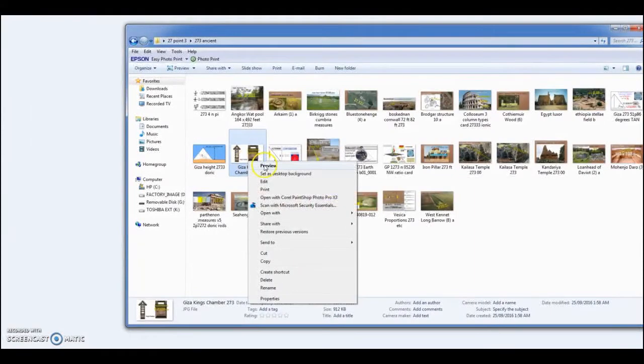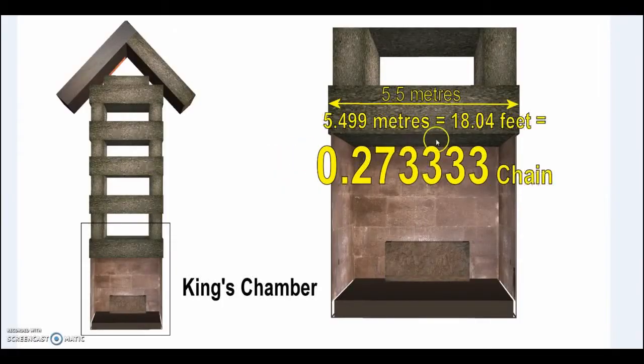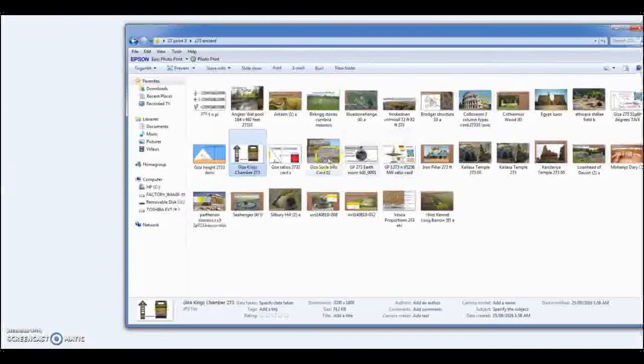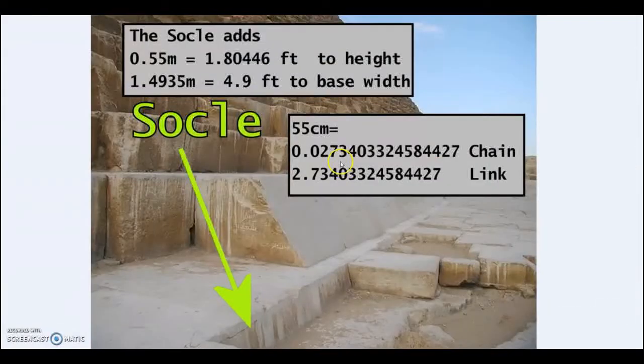Because also, now, this one I'll put a bit of a question mark over, but the descriptions are that the blocks above the King's Chamber are 5.5 meters, 5.499 meters, which is 18 feet, but that's 27.3 chain, and that would correspond lovely with the socle for paving stones at 55 centimeters, and again 0.273 chain.